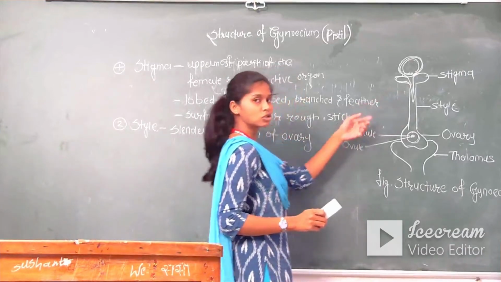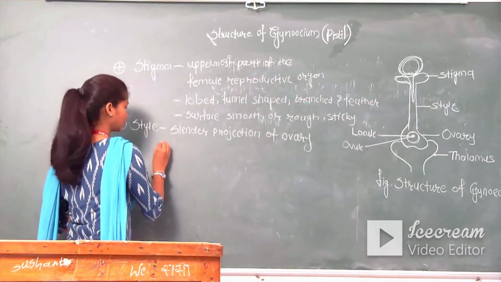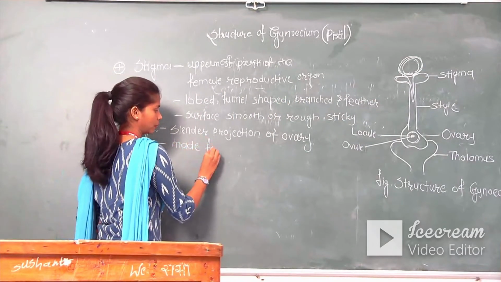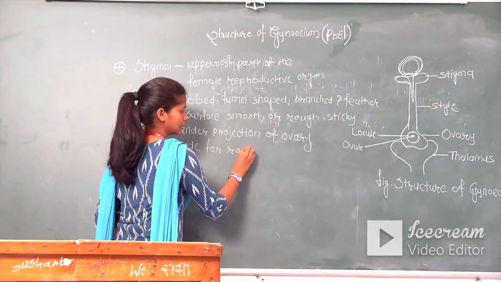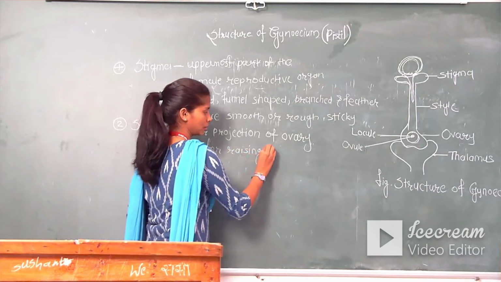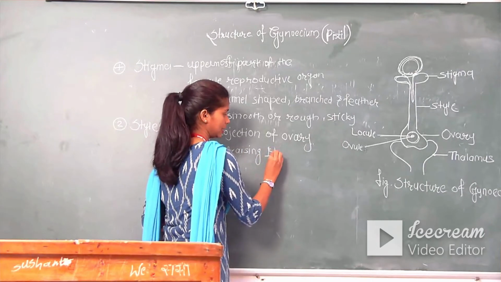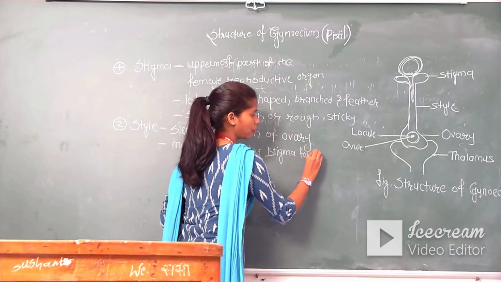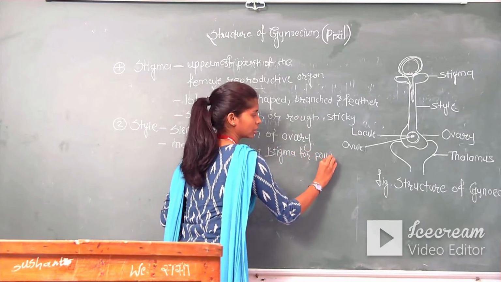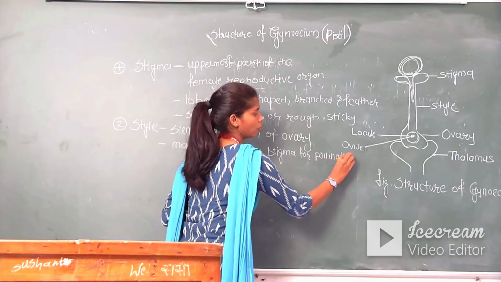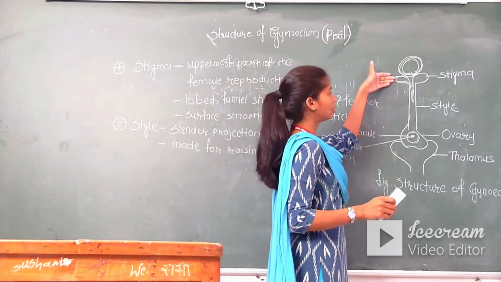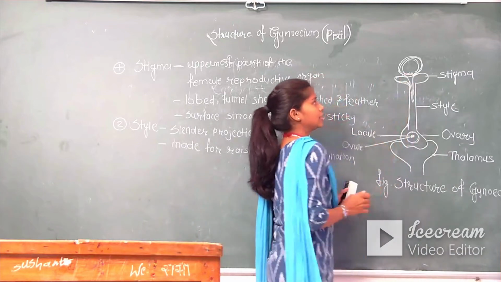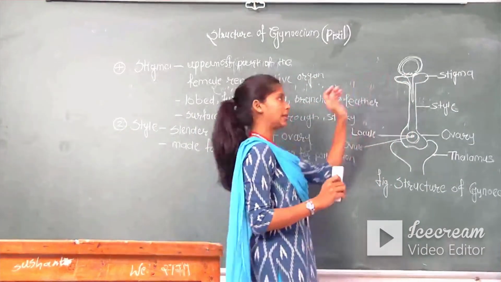It is like the stalk of the gynoecium, and it is made for raising the stigma for pollination. Pollination होने के लिए स्टिग्मा को ये क्या करता है? ऊपर तक लेके जाता है. So this style is for raising the stigma for the process of pollination.